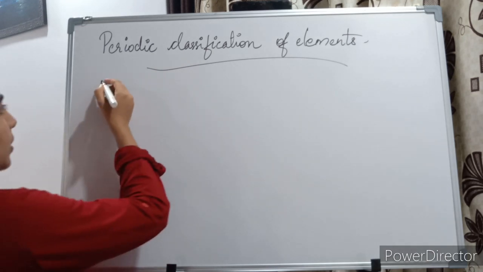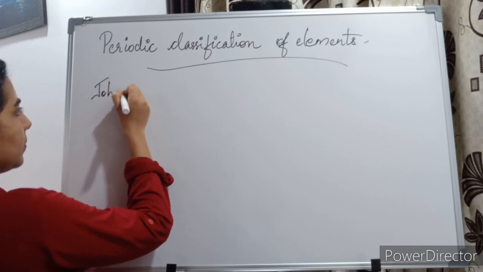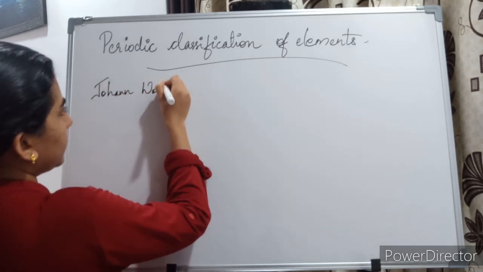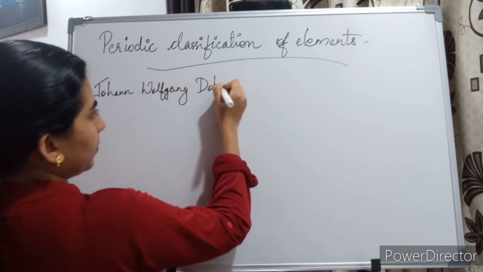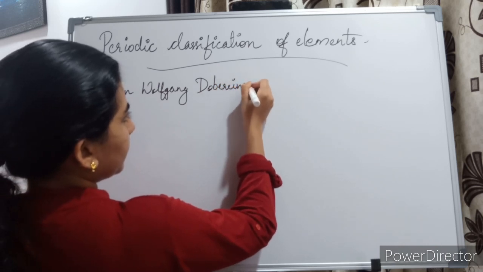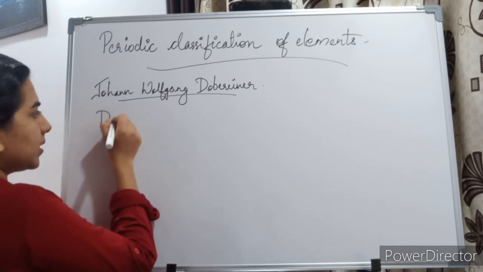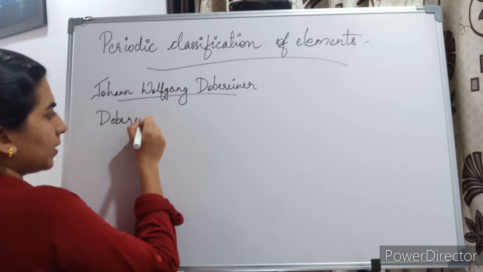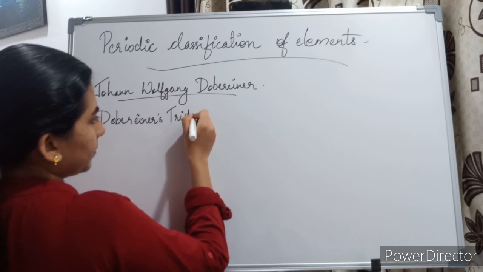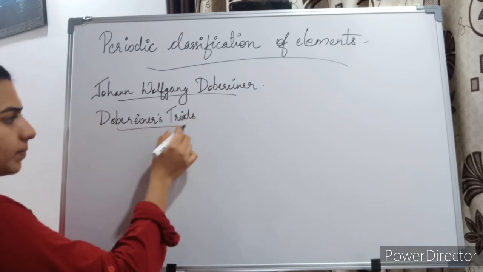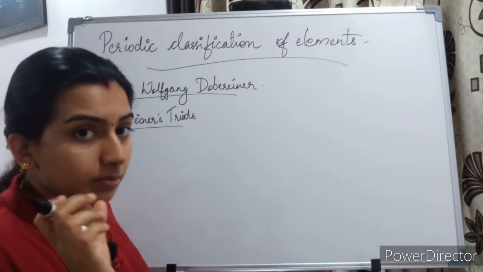Among them, one was Johann Wolfgang Dobereiner, and his classification was called Dobereiner's triads. The word triads is related to something three.